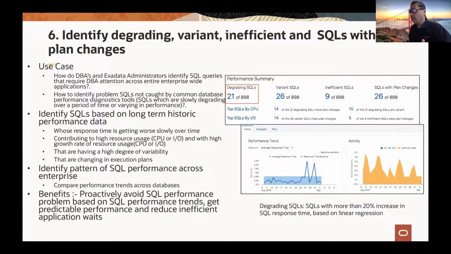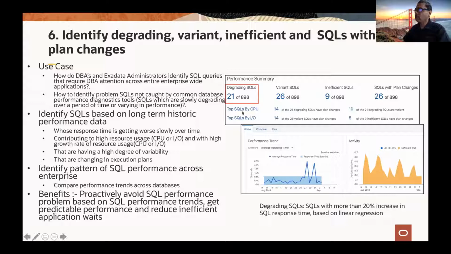If it slows down over a period of time for whatever underlying reason, either because of a plan change or optimizer statistics or some changes in the underlying object like an unusable index or an index not present, or simply because the data has grown, it needs partitioning or it needs some kind of in-memory usage, we are able to track such scenarios based on linear regression and tell you out of the box, focus on this SQL proactively. So that can help you to maximize performance.